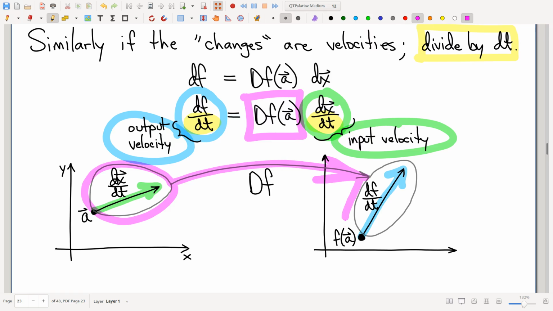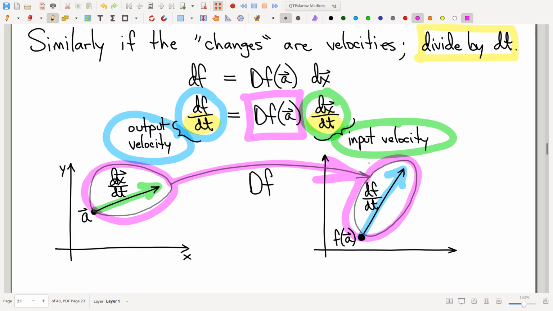Well, I guess artistically it is. But we're taking a different interpretation. Here we're not thinking of DF as turning input differentials to output differentials. Here we're thinking of DF as turning input velocities into output velocities. And I actually like this interpretation better.